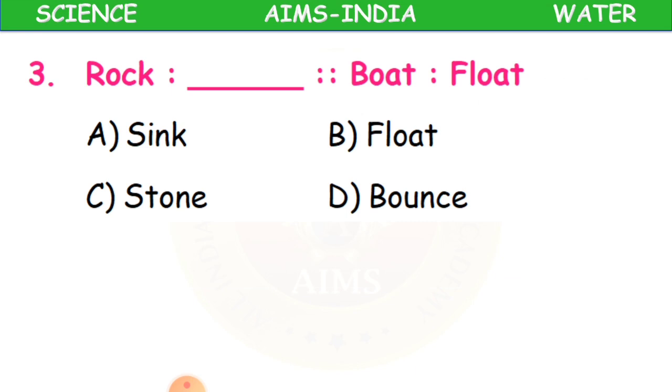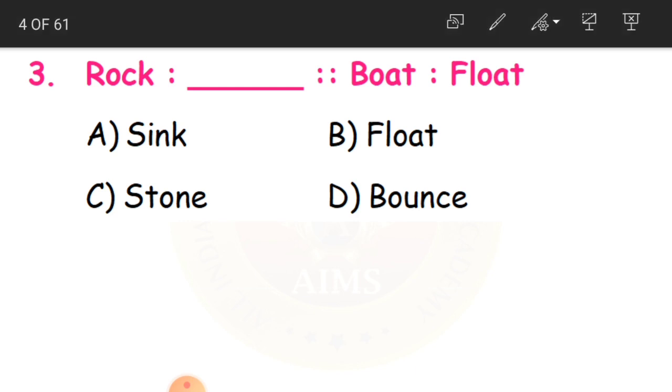Now the third question, how rock is, and if it is a boat, it floats. A boat is floating, it floats on the surface of water. How is rock in the water?